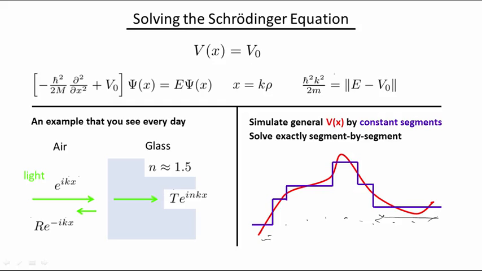This is something that's used in modeling semiconductor heterostructures, and photonic band gap materials are well understood in terms of having techniques to propagate a wave function across a constant region, and then to stitch the transition matrix together to see what the net result is.